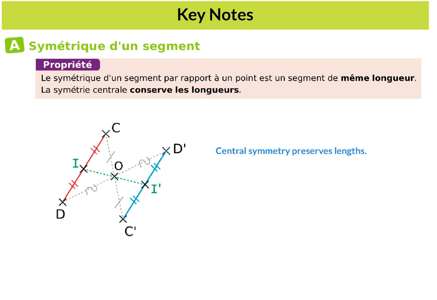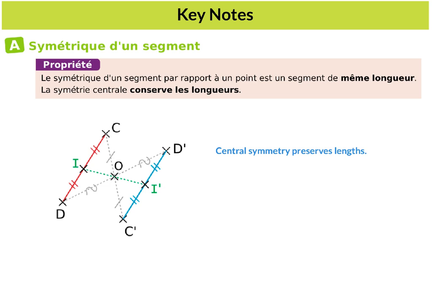We can see here that central symmetry will preserve lengths when we have two lines here that are reflected through point O here. We have segment CD and segment C prime D prime, and you can see here that all the distances, all the lengths that are shown on here are all the same.